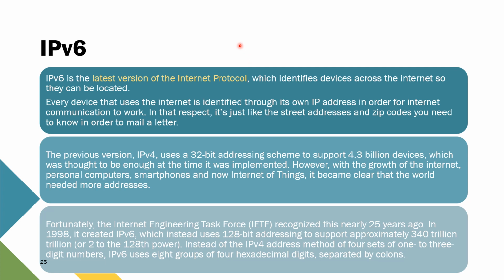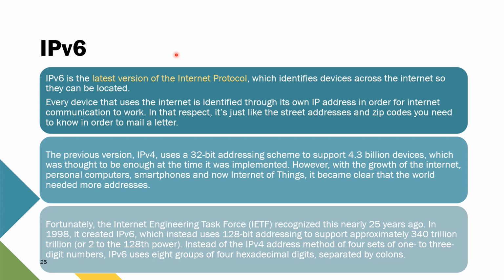Okay, so the difference between IPv4 and IPv6 is that IPv6 uses alphanumerical notation when creating the address, compared to IPv4, which only uses numbers. Okay, so this IPv6 was created nearly 25 years ago, in 1998.